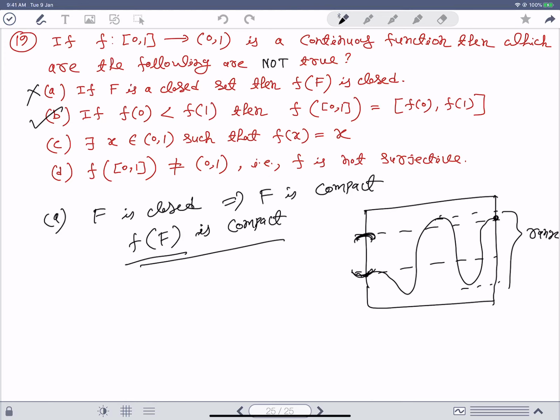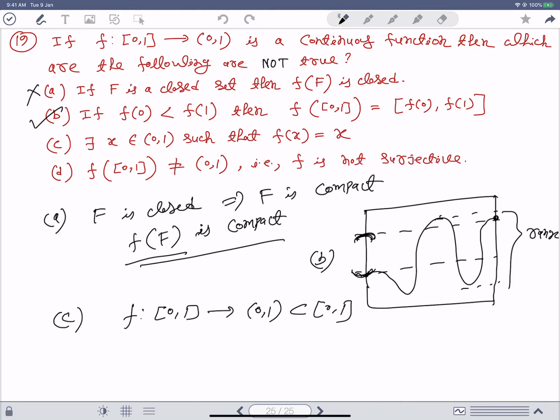So x belongs to 0, 1, then it has a fixed point. Again, this is true because of the fixed point theorem. Because here f is from closed 0, 1, and here it is written open 0, 1, right? Now it is a subset of closed 0, 1 again.